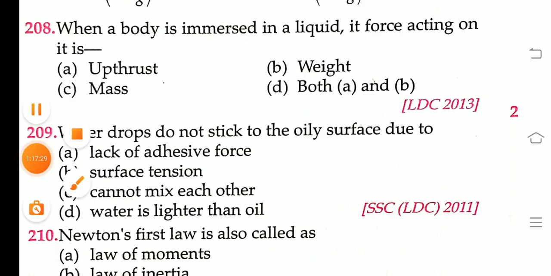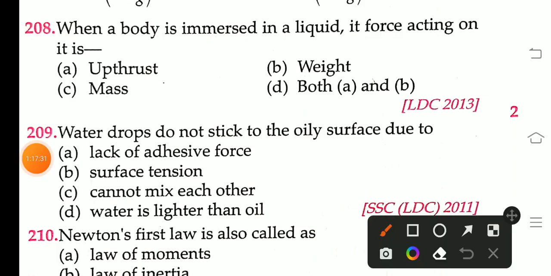Next question. When a body is immersed in a liquid, the force acting on it is upthrust. Right answer will be option A. Water drops do not stick to an oily surface due to lack of adhesive force.